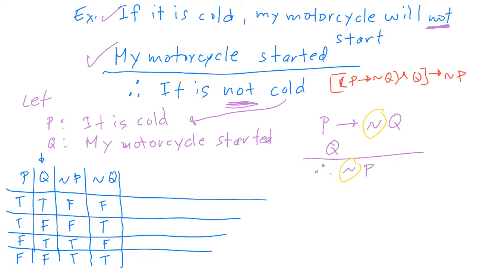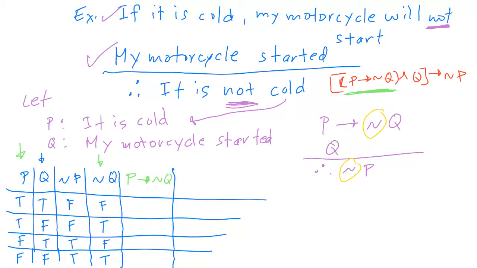So we will work on the inner part, which is this part: if P, then not Q. The answer for that: you're looking at the first column for P, and then not Q, you're looking at the fourth column.